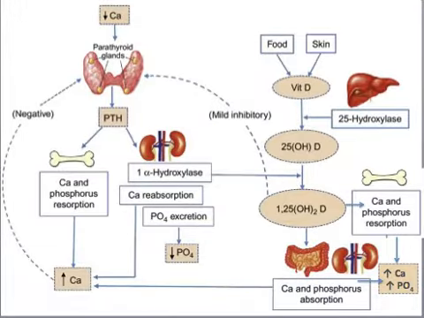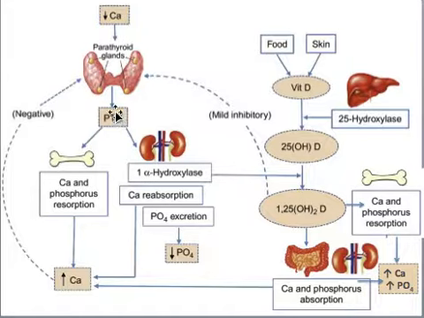If we tie them together, the actions of your PTH and your vitamin D: let's say you have low calcium levels, it's sensed by the calcium sensing receptor in your parathyroid gland cells secreting your PTH. The low calcium causes the release of your PTH from your parathyroid gland, causing calcium and phosphate resorption from the bone.